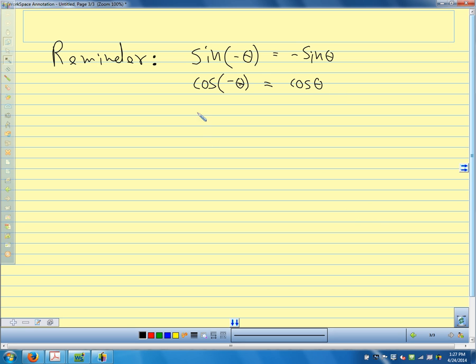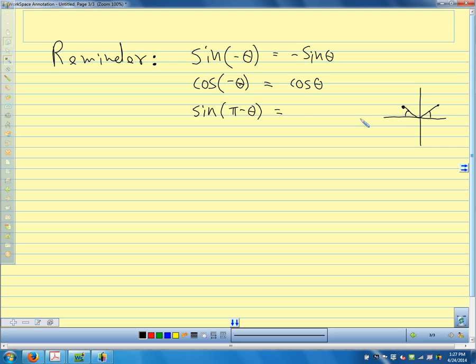Let's look at the sine of pi minus theta, because that shows up in these tests. Let me draw a little picture over here. There's theta. Here is pi minus theta.